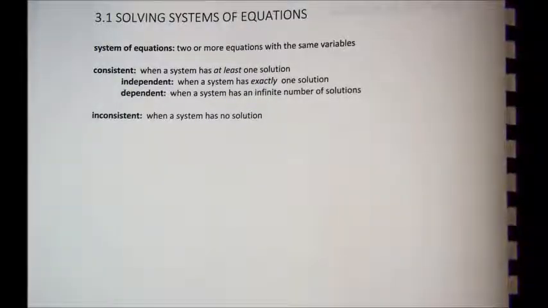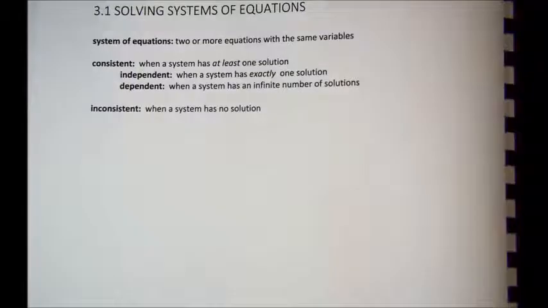Turn to page 40 in your interactive notebook, section 3.1, Solving Systems of Equations. Please glue the foldable we just created onto your notebook page. You may need to trim the sides a little to get it to fit.